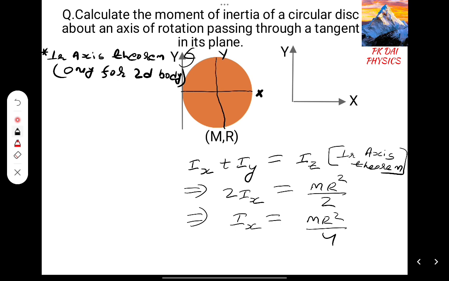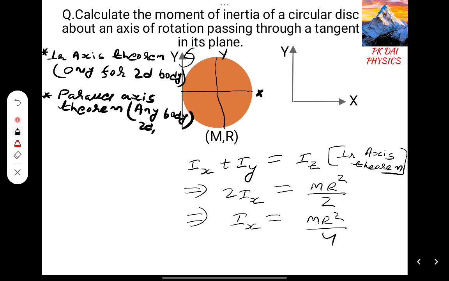And one more point: the parallel axis theorem can be used for any body, 2D or 3D.